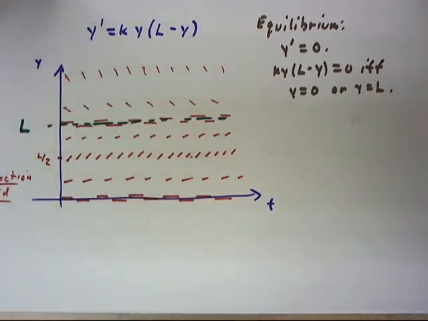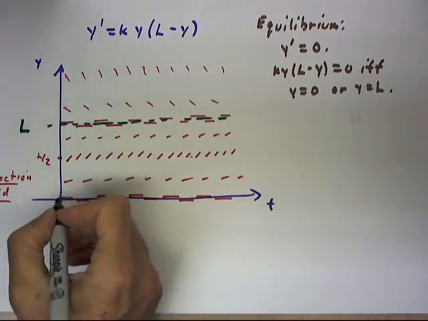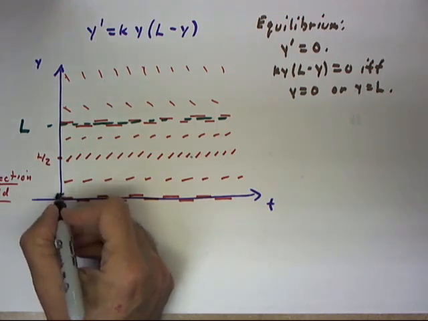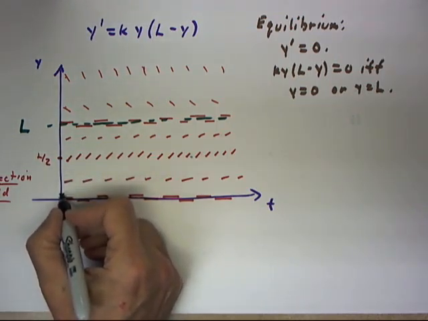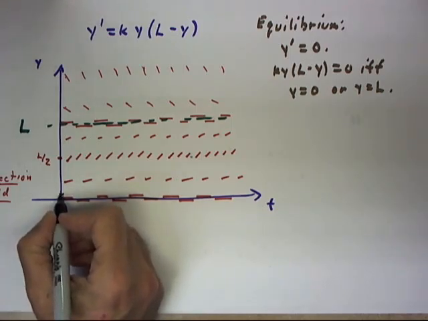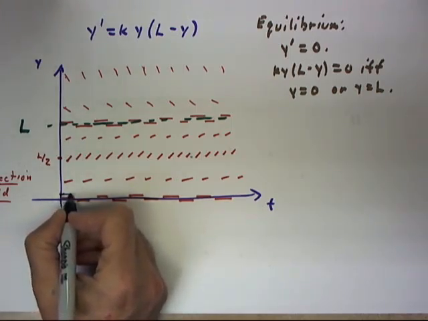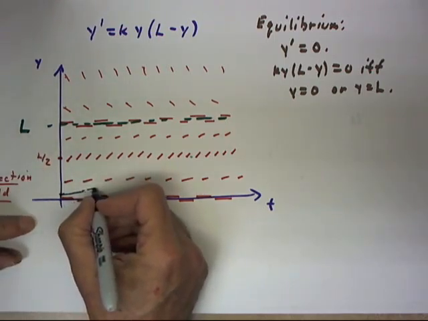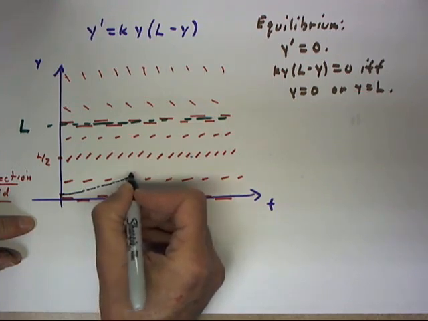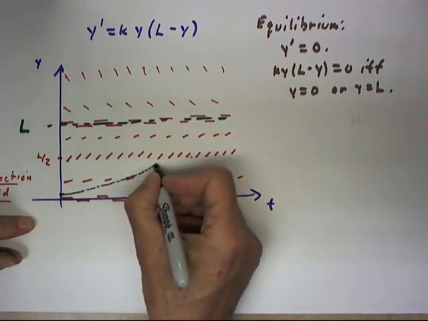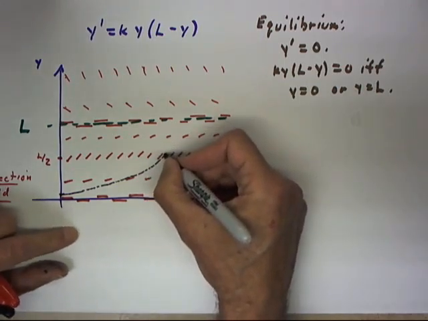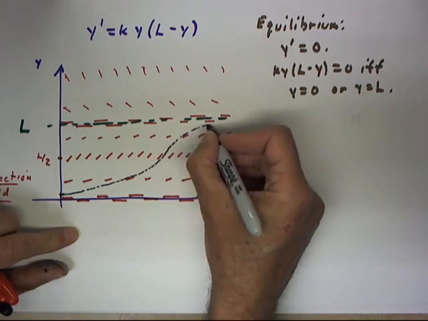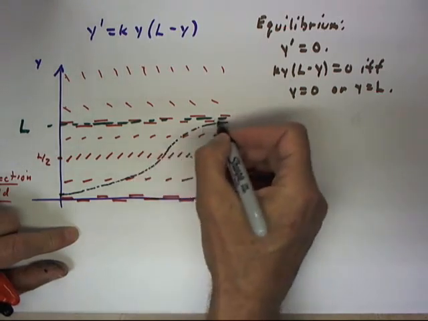This indicates that if we have an initial y value that's close to 0, now this isn't quite 0, so it does have some small slope, and eventually that slope is going to take it into higher values of y. The graph is going to get steeper, and then it's going to continue to get steeper. It's going to be steepest here. This is going to take it into higher y values rather quickly, but then the slopes are going to level off.